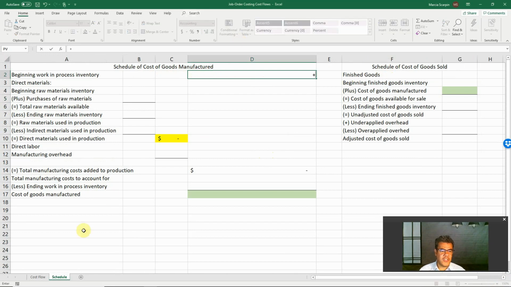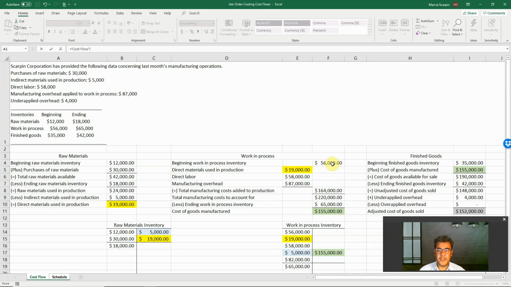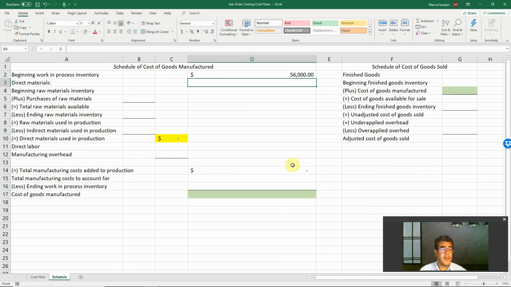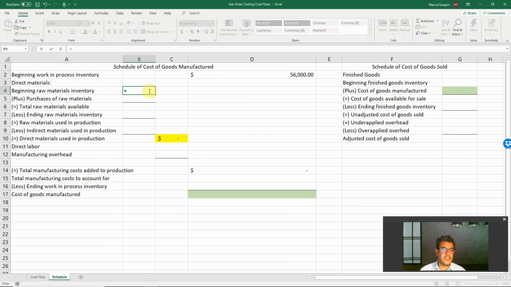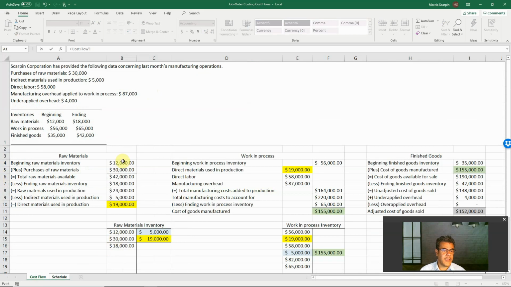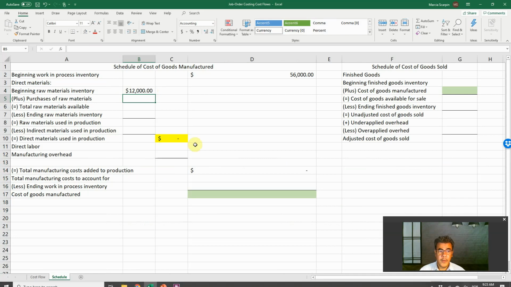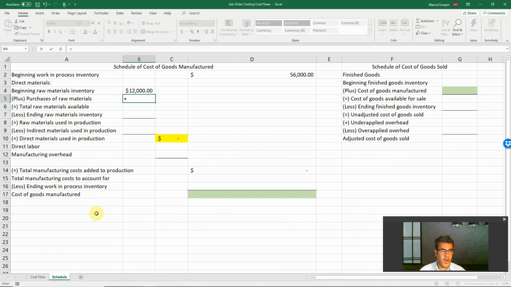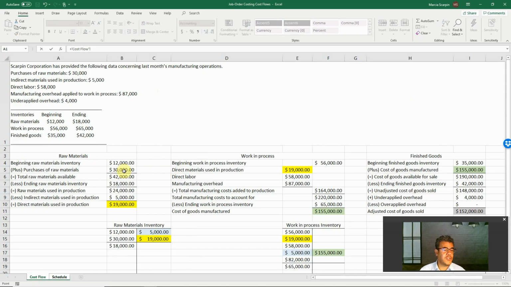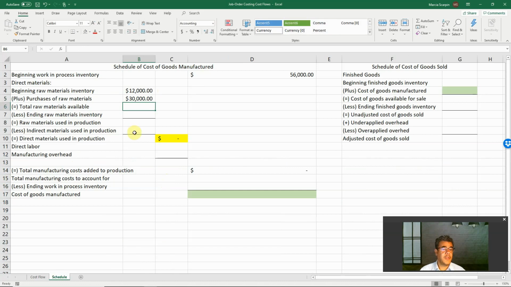Beginning work in process inventory, where is it? It is here, 56. Direct materials, let's start. Beginning raw materials inventory, 12. Plus purchase of raw materials, 30.